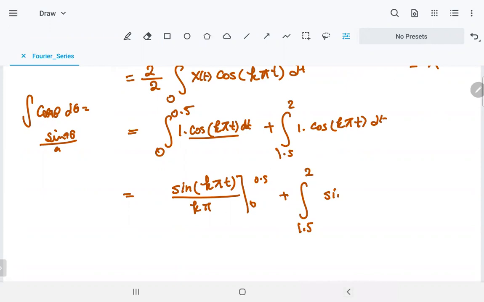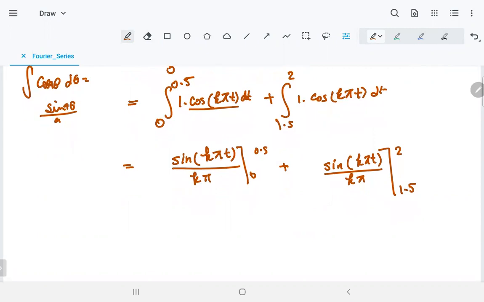The same thing: sine k pi t over k pi. That's the result of the integration, and the limit from 1.5 to 2. Now we're going to substitute, but obviously k pi on the bottom is common, so I'll take it.